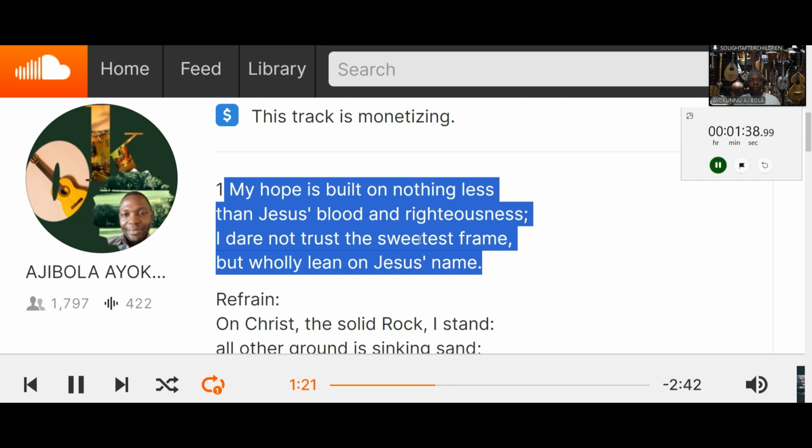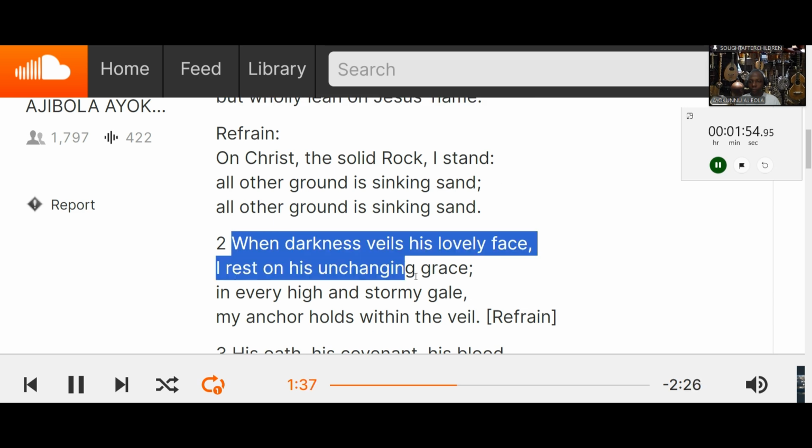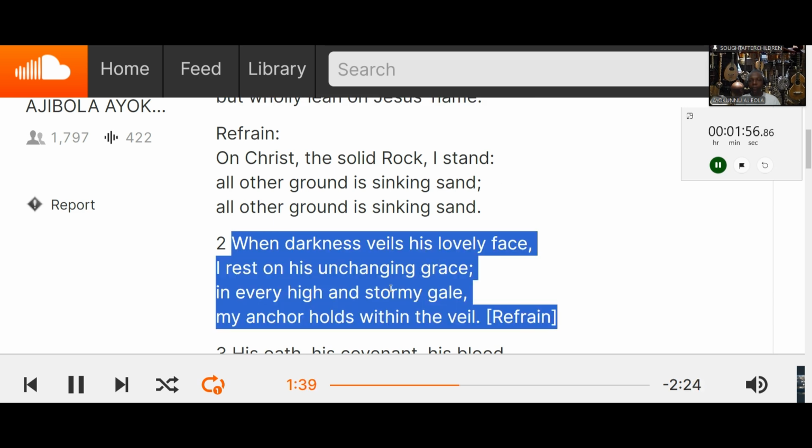On Christ the solid rock I stand, all other ground is sinking sand. When darkness veils his lovely face, I rest on his unchanging grace.